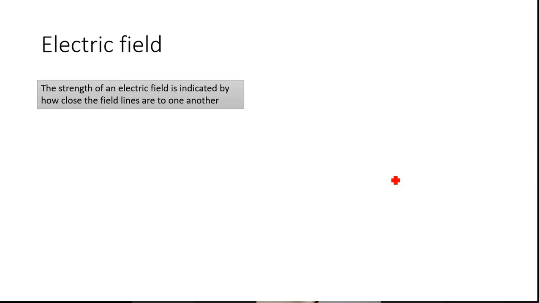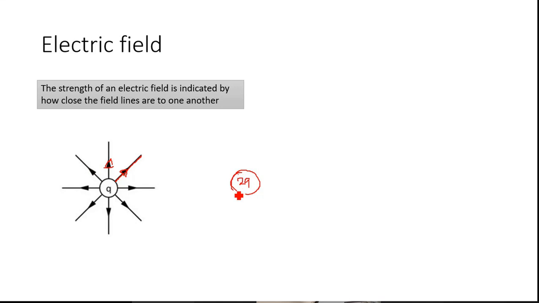And how about the strength of electric fields? For example, we have the charge Q. These arrows represent the direction of electric force: 1, 2, 3, 4, 5, 6, 7, and 8. What if we have charge 2Q, 2 times Q?